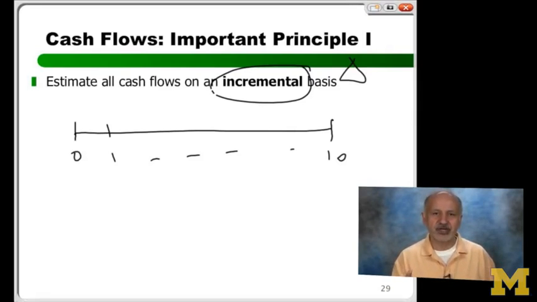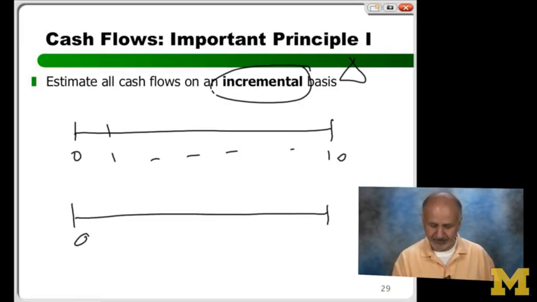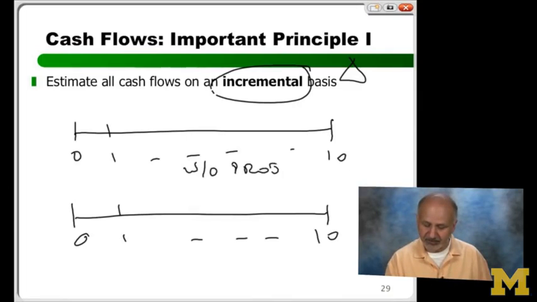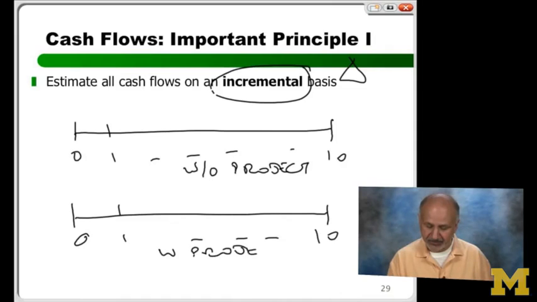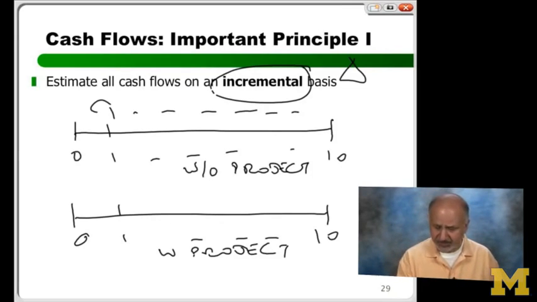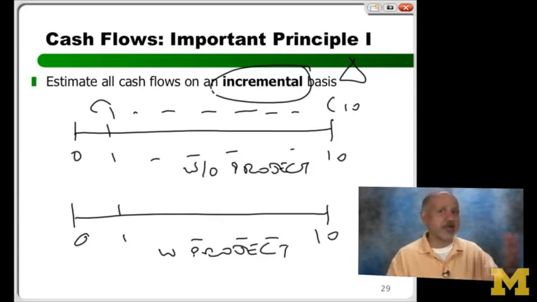So do this as much as possible, especially initially. For every project, draw 2 timelines, identical in length. One should be without project, and one should be with project. So think of the company without the project. What would happen? You would have some C1 through C10, right? The company is making existing products, selling, and it has some C1 through C10.